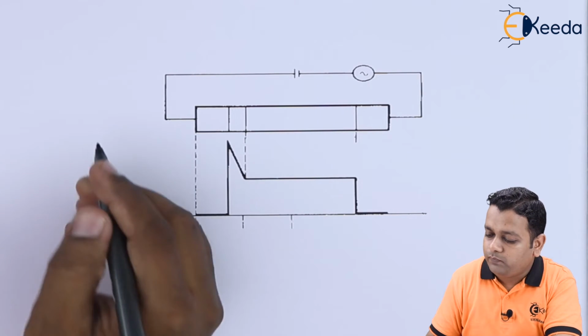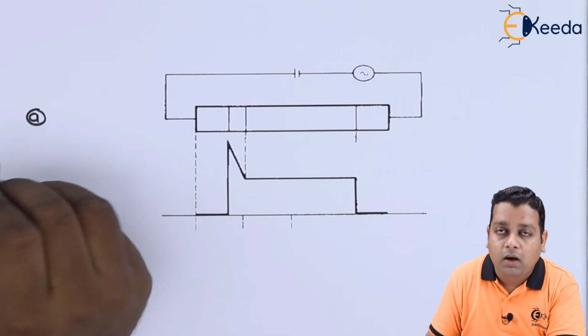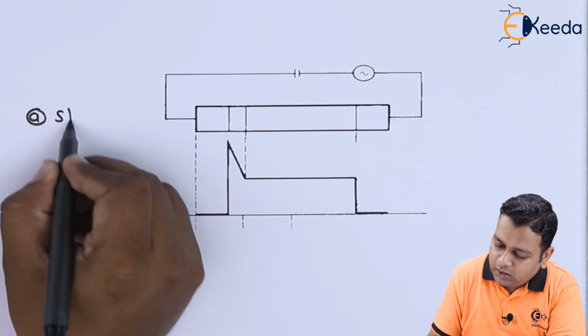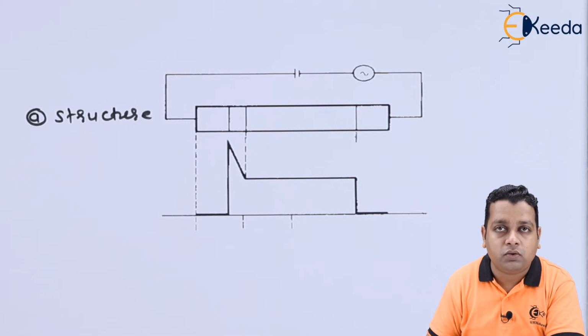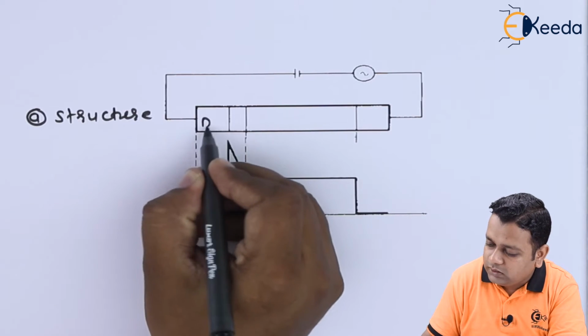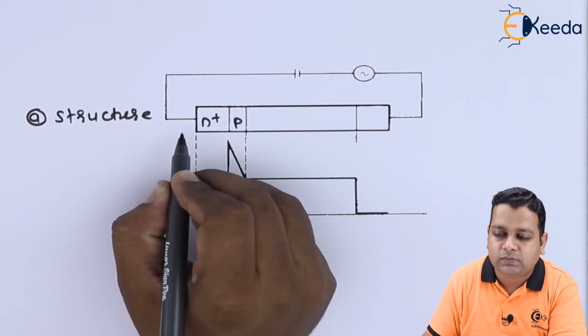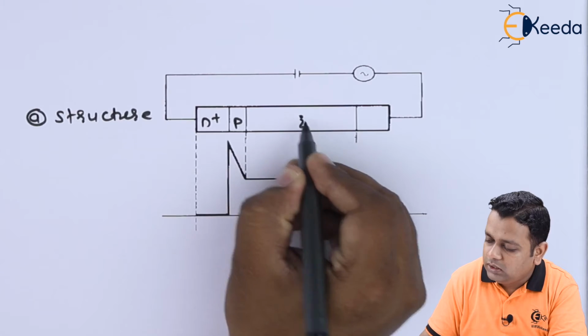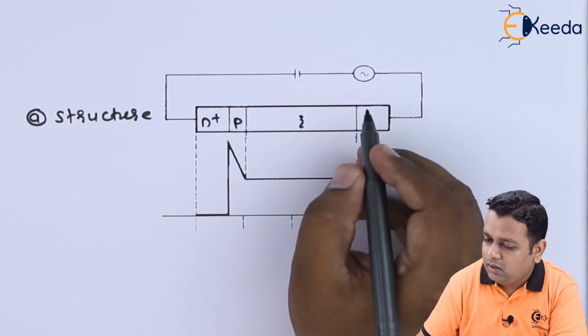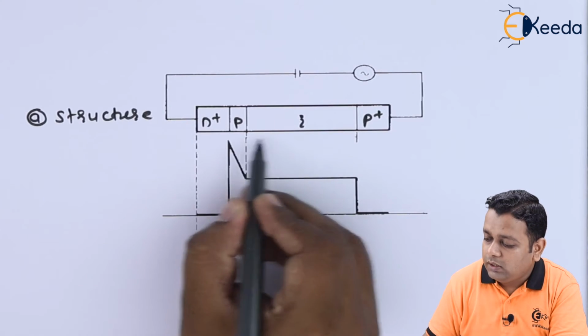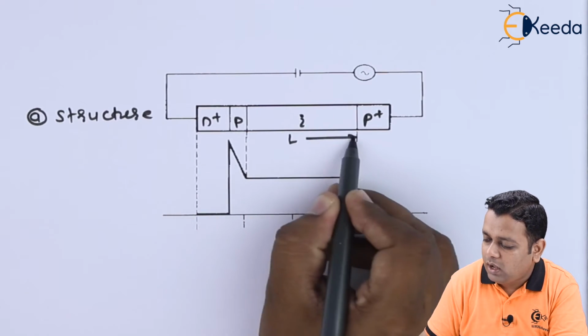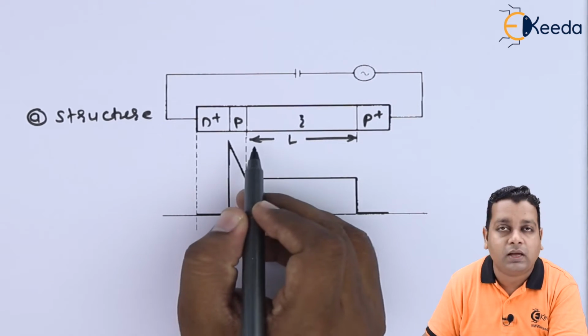I mark this as part A of the figure, and this represents the structure of the diode. As we start here, this is the N plus region, this is the P region, the intrinsic region represented by I, and finally the P plus region. The drift space that has to be traveled by the high field domain is represented by L here.